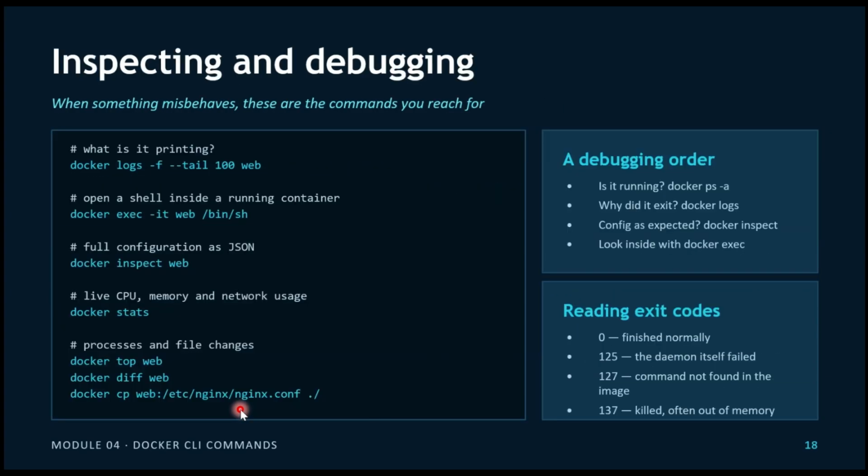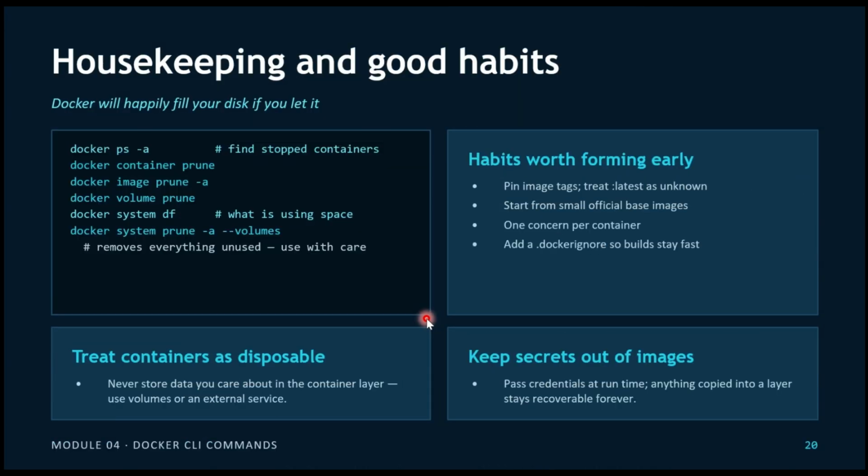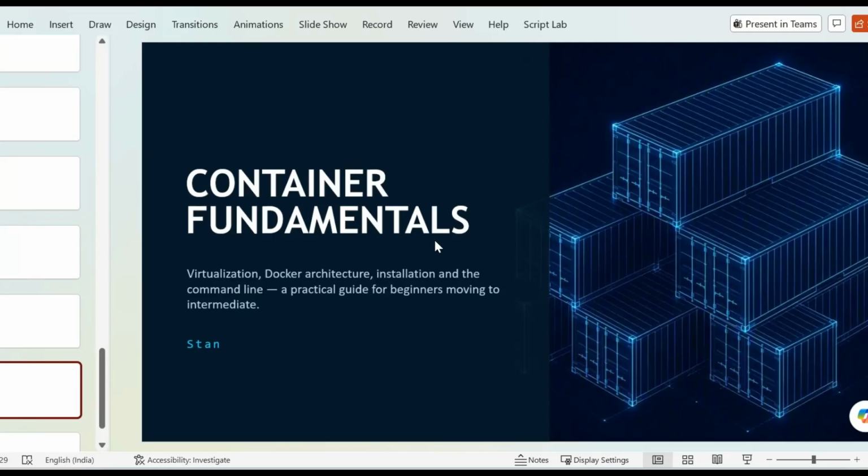We can also understand how to do troubleshooting, how to check the logs, how to check the statistics. All those things we are going to see in tomorrow's session, including how to write the Dockerfile from scratch. Okay, so for now, we are done with only two of the topics, virtualization versus container.